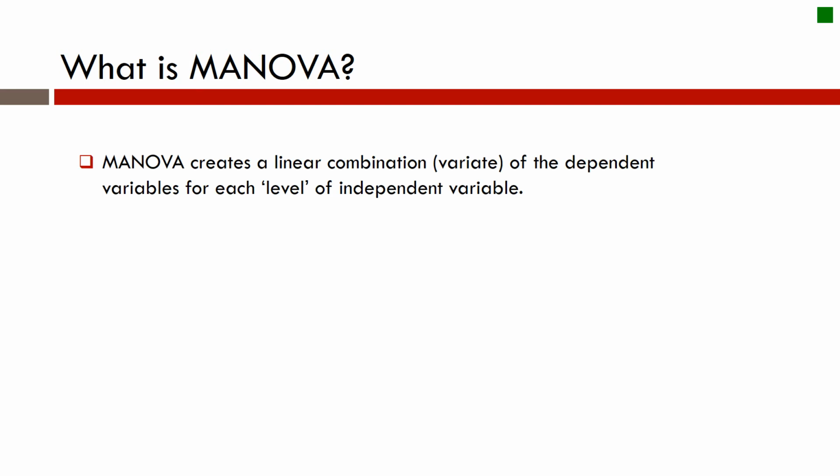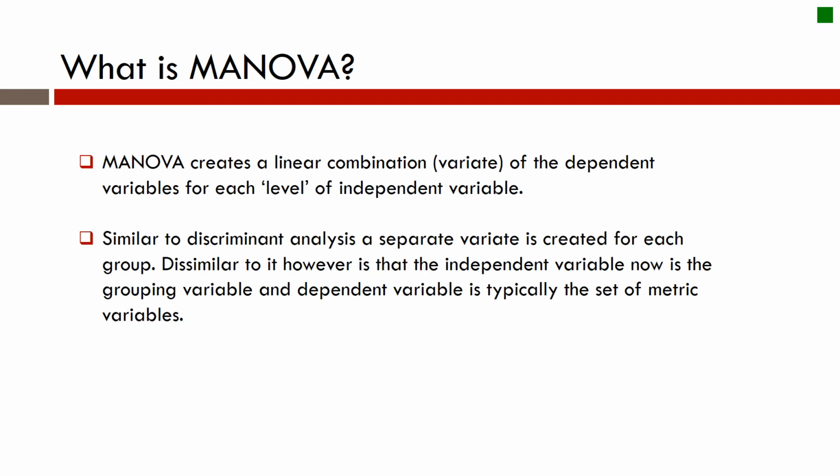And we want to know what a MANOVA is. So MANOVA, in a recapitulation here, is a linear combination of the dependent variables for each level of independent variable that we have.